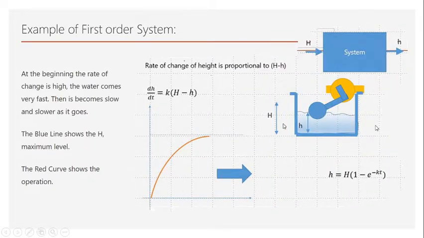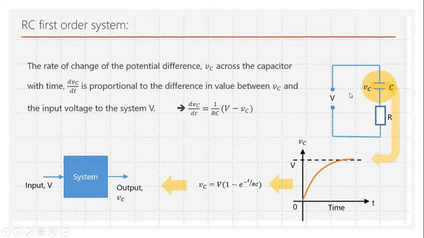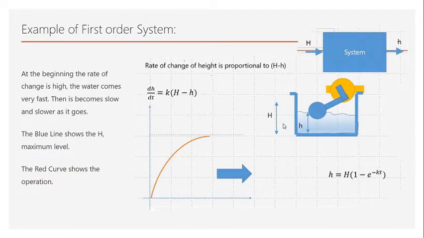And it is reasonable because we know that at first the change is going to be noticeable, and as it goes, the water flow becomes slower and slower, and it will be saturated at some point. That's the way that we can understand the response of this system.